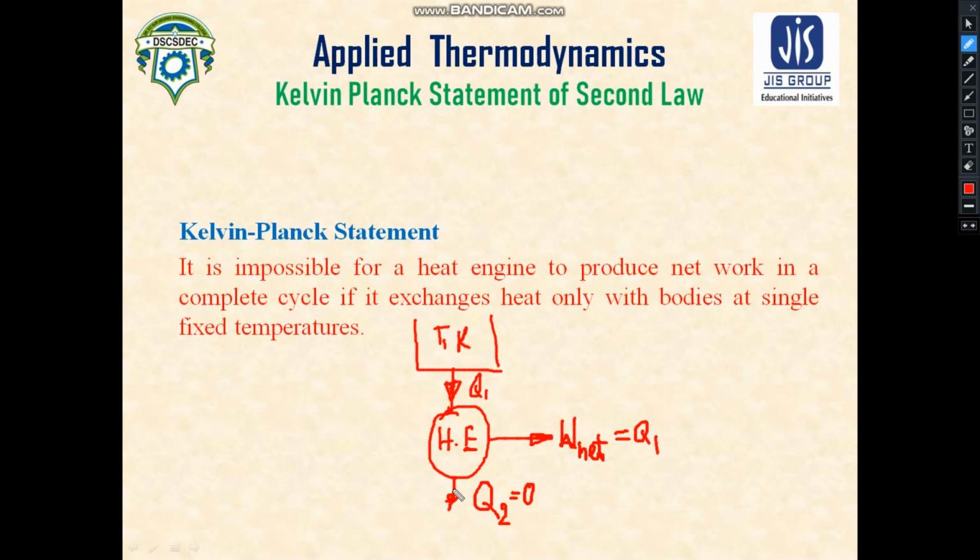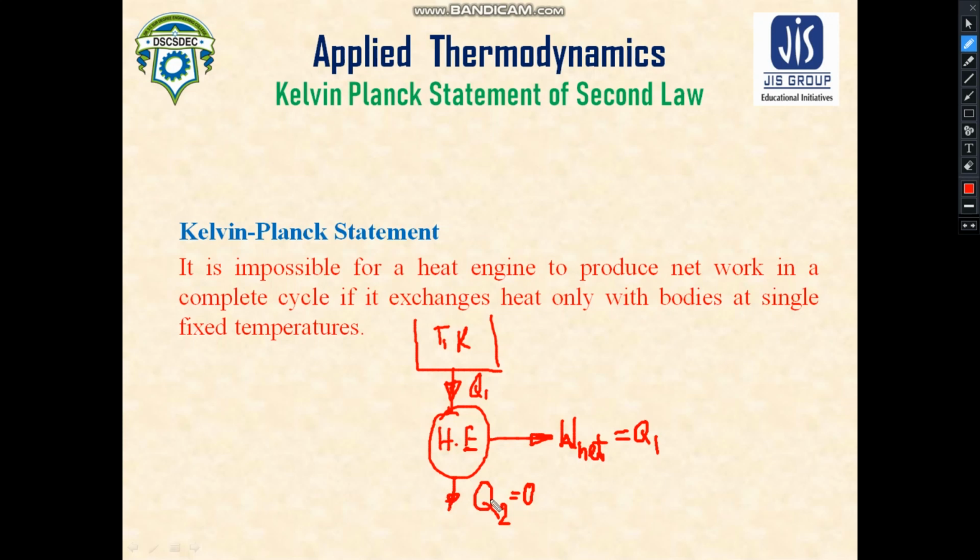Now I have told you earlier that this heat rejection can never be 0. That means it is impossible for a heat engine to produce net work in a complete cycle if it is exchanging heat only with bodies at a single fixed temperature. Here, the statement about bodies at a single fixed temperature is talking about the source. If the heat engine only interacts with the source, then it can't produce continuous work output.